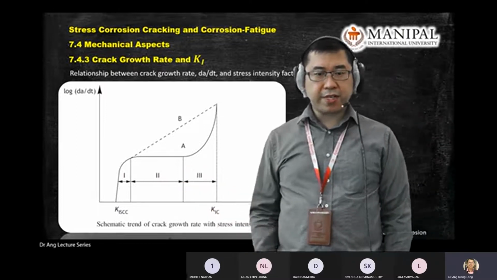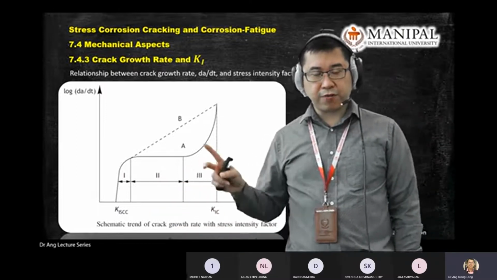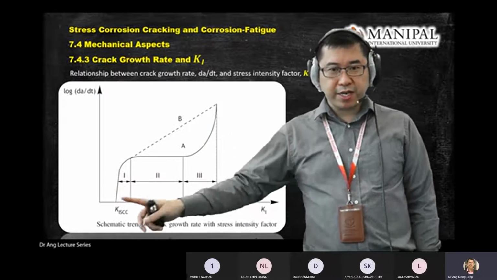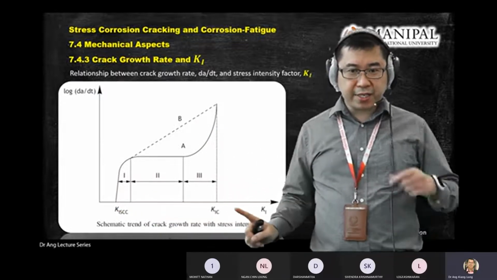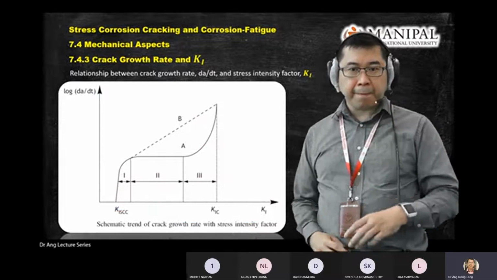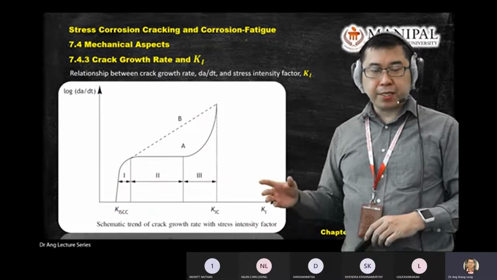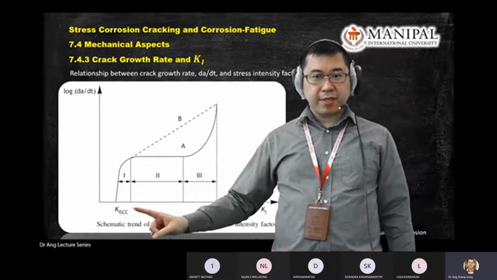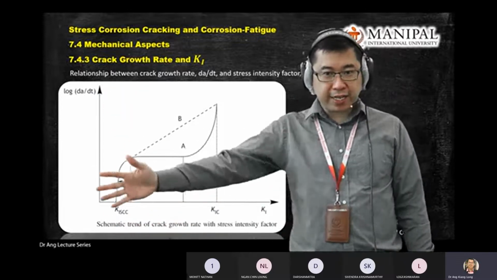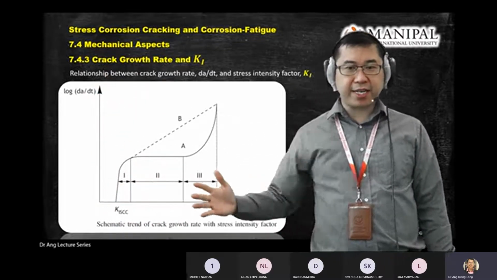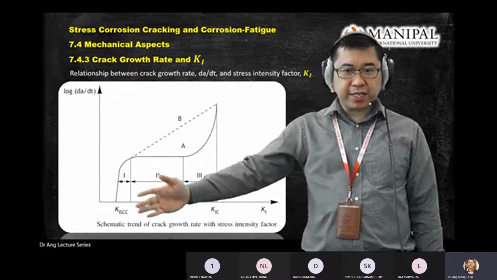On the graph itself, you see A, B, C, 1, 2, 3, values of KI, KISCC, KIC. So what does it mean? On the graph, before you start anything, identify the axes first: log dA/dt versus KI.